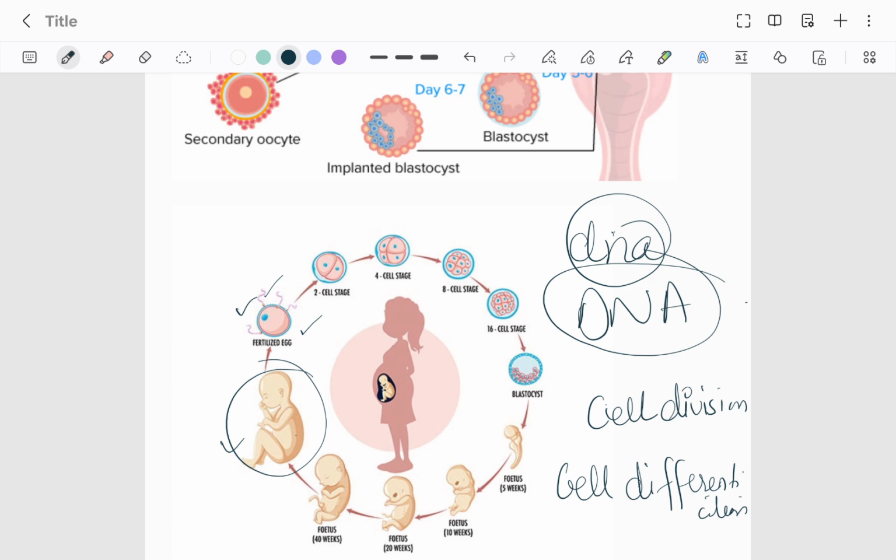See, in the retina also you have different types of cells, right? Okay. A cell of the skin is different from a cell of the liver. A cell of the kidney is different from a cell of the islands. So how are these different types of cells made from the single zygote?